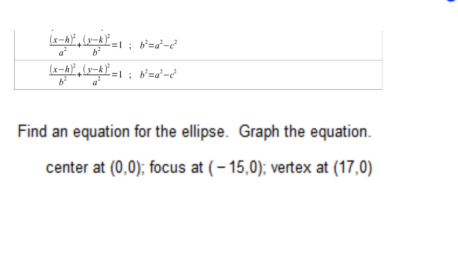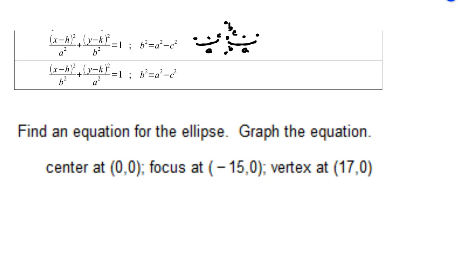So to sketch out these two, for the horizontal orientation, you have your center. C distance away from that, you have your foci. Then a distance away from the center are your vertices along the major axis. And then b distance going in a perpendicular direction would be your minor axis vertices.